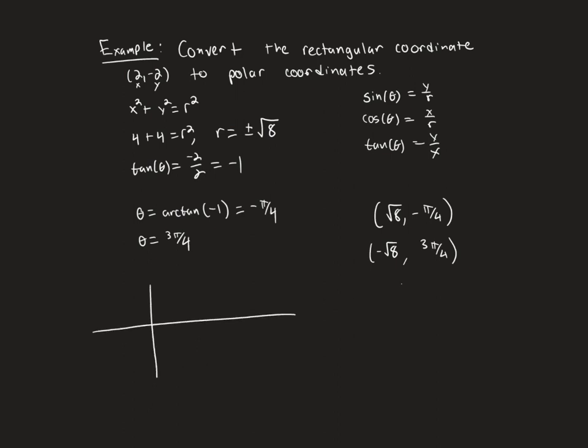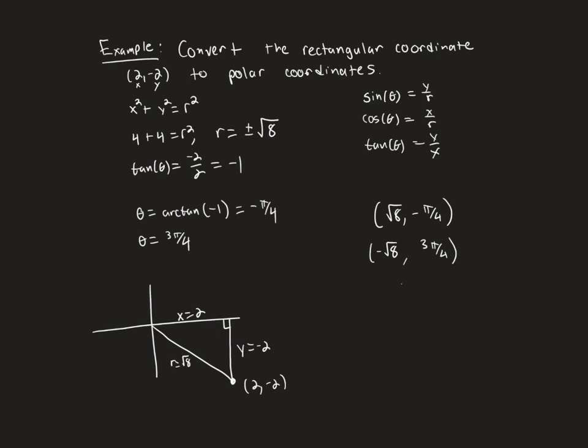More geometrically, right? If we want to do this more geometrically, we can plot the point. Y is negative 2, x is positive 2, and then we can use this relationship, which we know exists, this x squared plus y squared equals r squared, and always think of our r as positive.